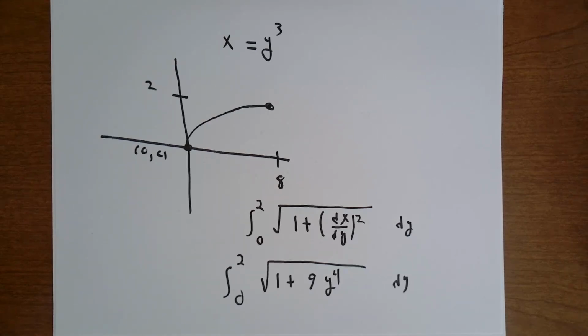The integral will just be the integral from 0 to 2 with respect to y of the square root of 1 plus the square of not dy dx, but of dx dy. The derivative of x with respect to y is 3 times y squared. If you square that, you get 9y to the fourth. This is the integral that you would have to do.